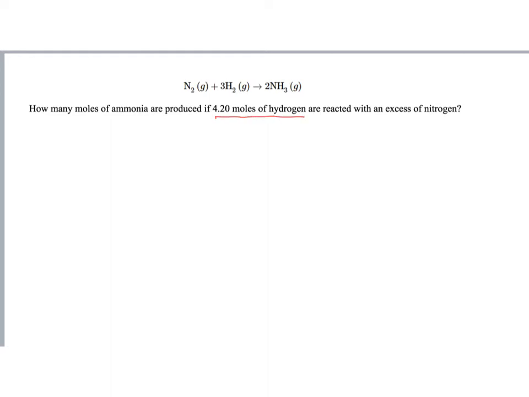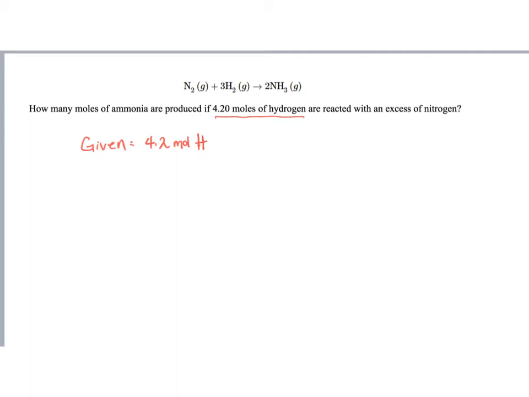And that's what we're given. So we always start out by writing down what we're given: 4.2 moles of hydrogen. Okay? So that's what we're going to start out with.